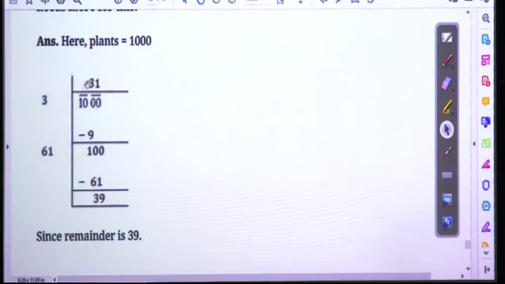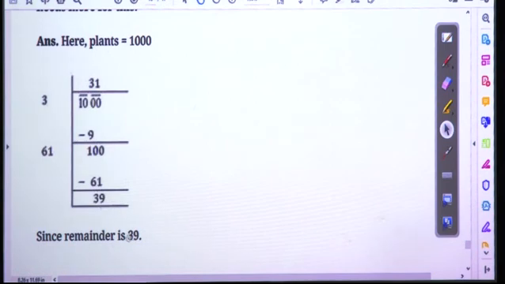First group 10, 3 square is 9, 10 minus 9 is 1. Next group 00 is brought down, it is 100, the new dividend. Double of the quotient, double of 3 is 6. What digit do we have to attach here? We are attaching 1. 61 ones are 61, because 62 twos will go above 100. So 100 minus 61 is 39.